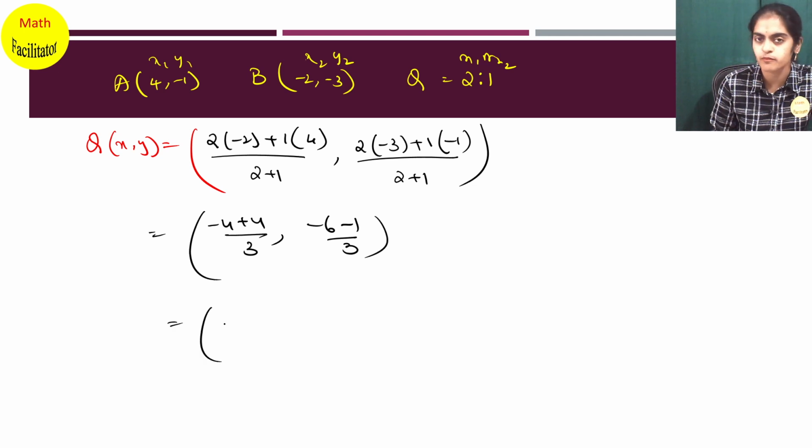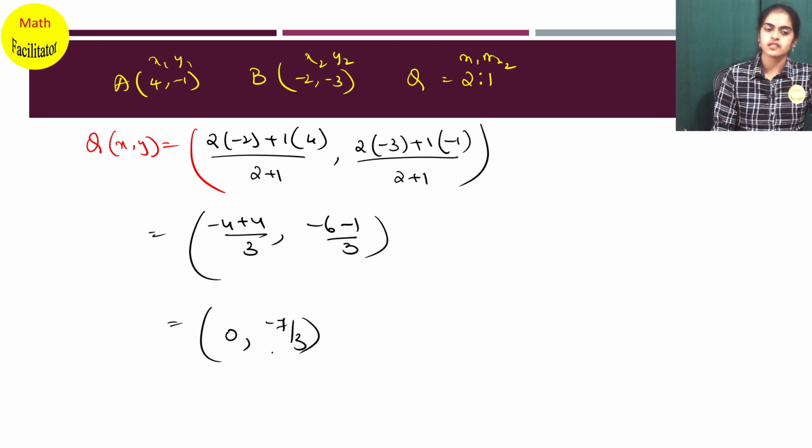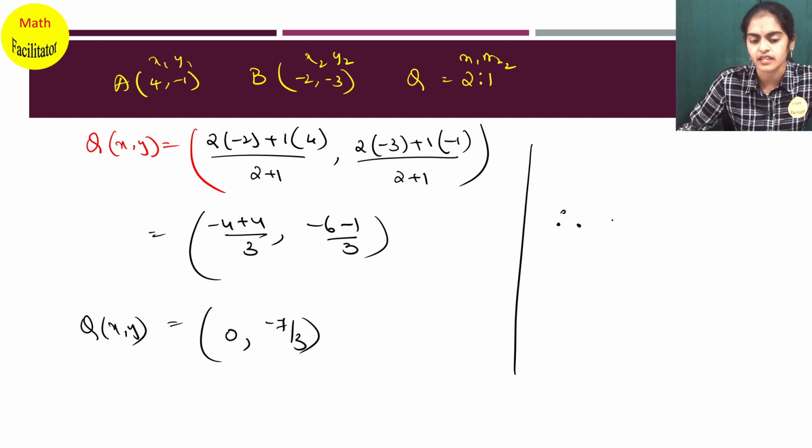So minus 4 plus 4 is 0, 0 divided by 3 is 0, and this is minus 7 by 3. So the coordinates of Q you got as 0 and minus 7 by 3. Therefore, the final conclusion you write is: therefore the points of trisection.